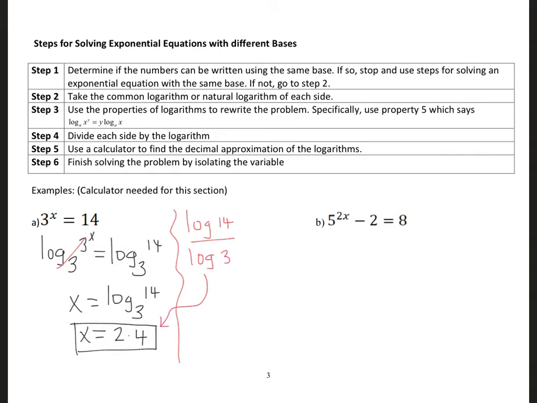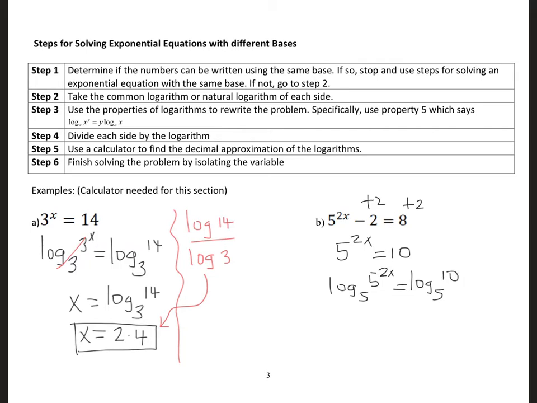Okay, now let's go to the next one. So here, the first thing would be to add 2 to both sides. So I get 2x is equal to 10. Then I'm going to introduce the base. So logarithm to base 5 of 5 to the x is equal to logarithm to base 5 of 10.